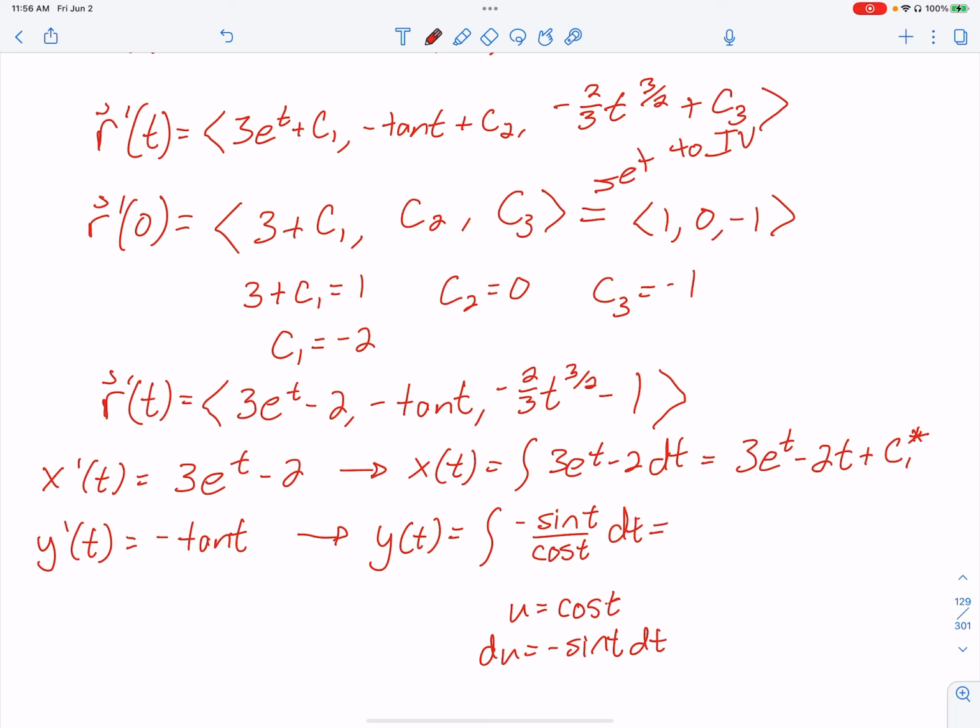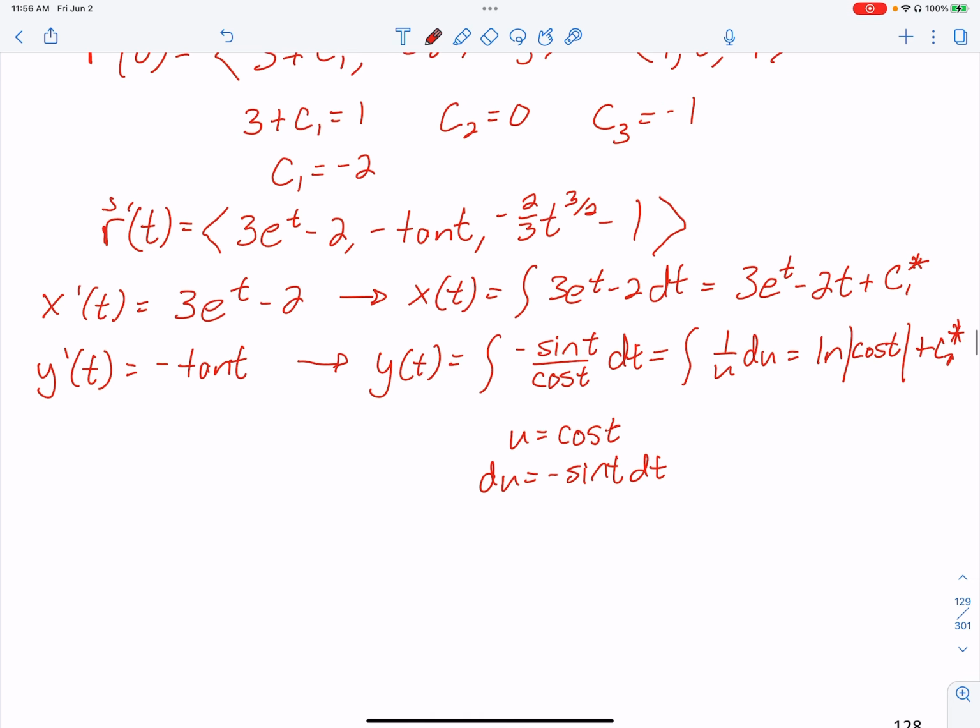That actually takes care of that exact thing. So I get negative 1 over u du, which is going to be the ln of the absolute value of cosine t plus c2 star. Okay, that wasn't so bad. It looked bad, but the u sub takes care of that pretty quick.